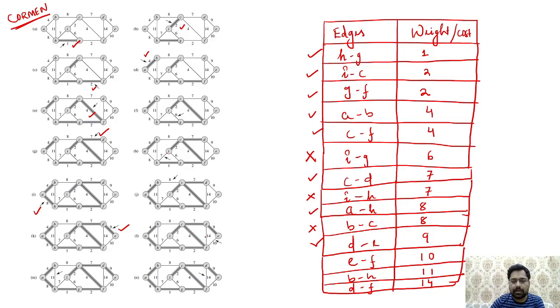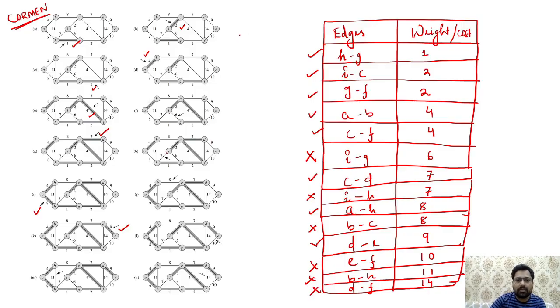That is why we have to discard this. Clear? Next, B to H. B to H, if I keep this one, a cycle could be formed. So we have to discard this. Next, D to F. If I keep this one, a cycle could be formed. So that's why we have to discard this.